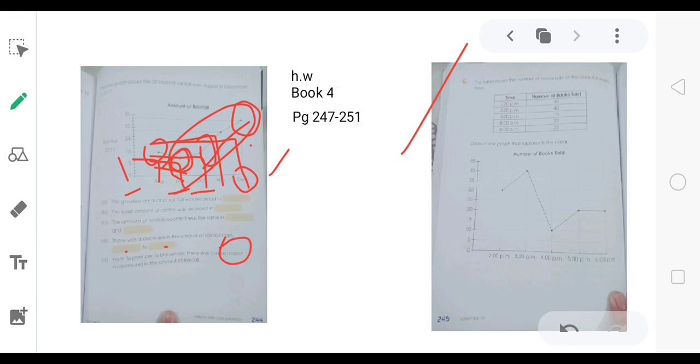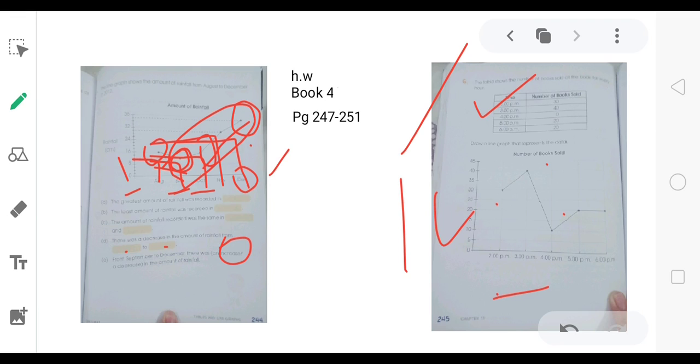Now come to the next page, page 245. This is the table they have given you, and this is the line graph. They have just drawn the axes of the line graph. You just have to draw the lines over here and complete the line graph like this. This is the time over here, and this is the number of books sold. At 2 p.m. how many books were sold? 30.